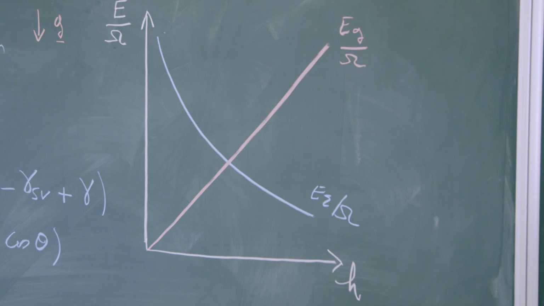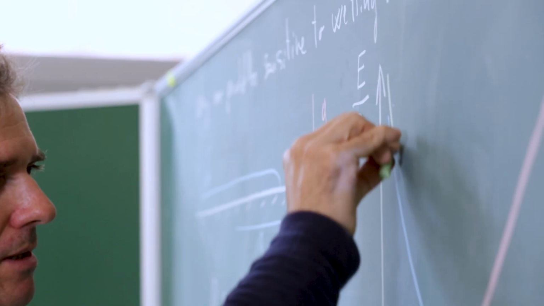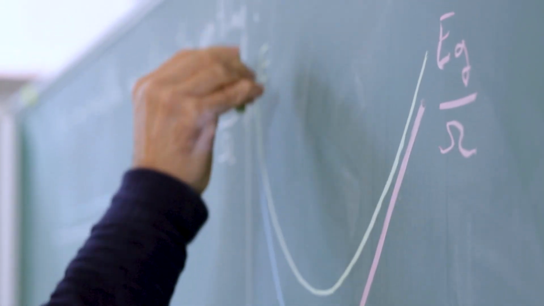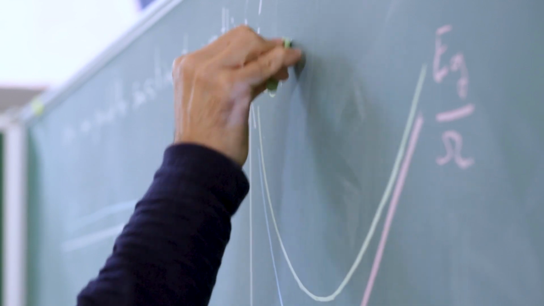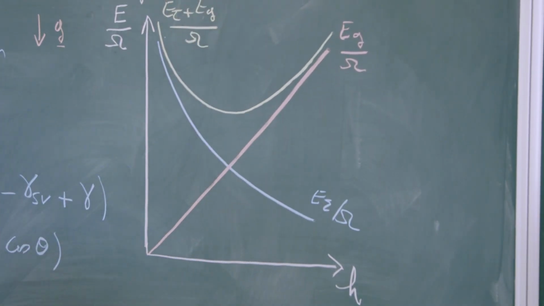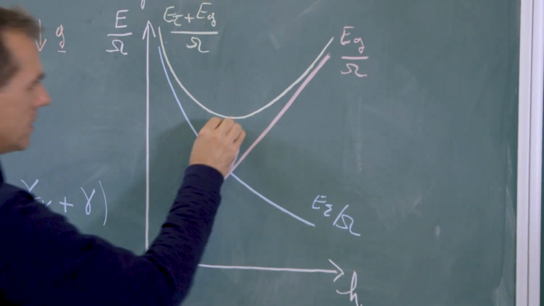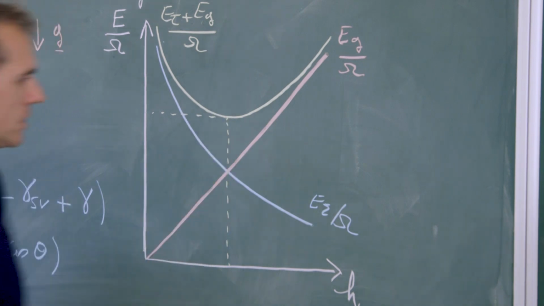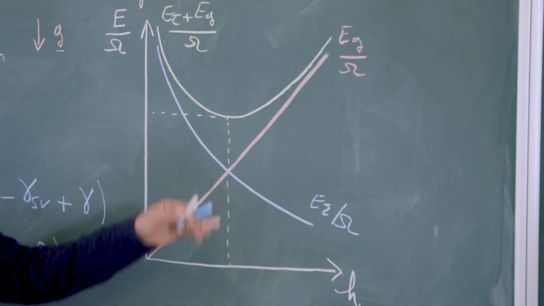And so now if we consider the sum of these two energies, so the total energy, so this is the sum of E sigma plus Eg per unit volume. What we observe is that this shape presents a minimum, which means a thickness that minimizes the total energy.